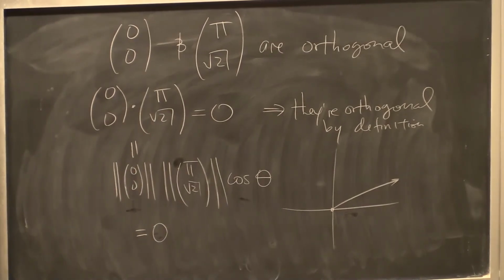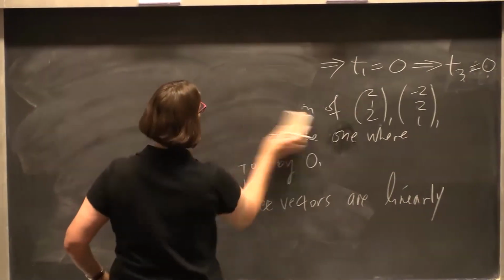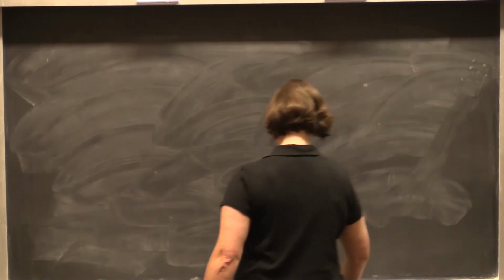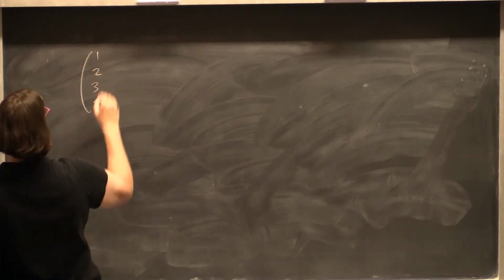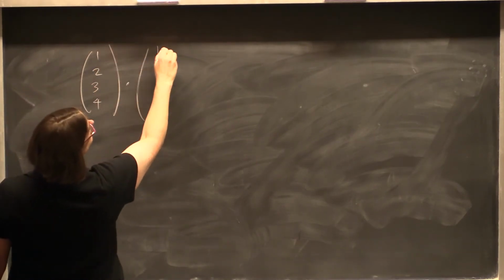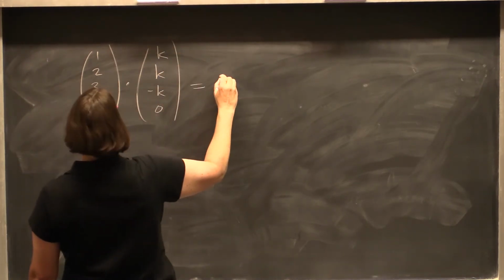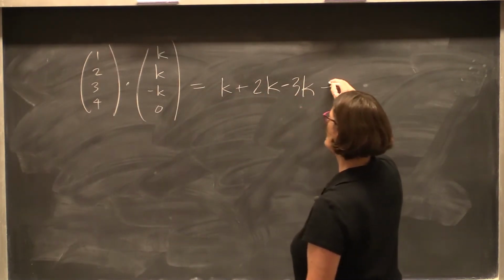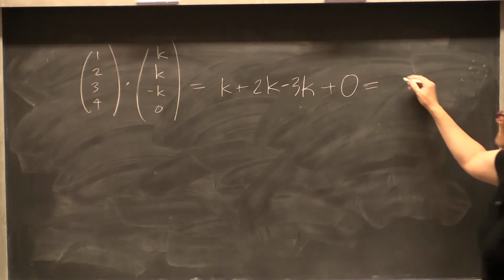So determine all values of k so that those two vectors are orthogonal. So 1, 2, 3, 4 dot product k, k, minus k, 0 is equal to k plus 2k minus 3k plus 0, which equals what? 0.